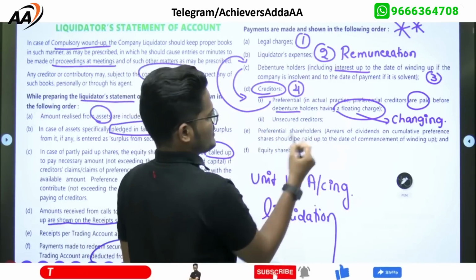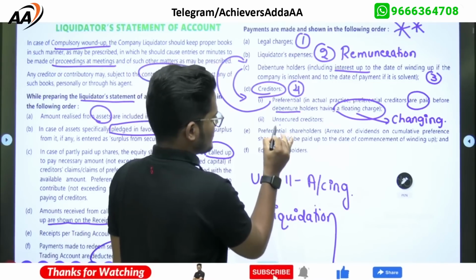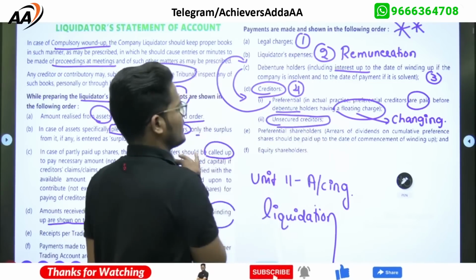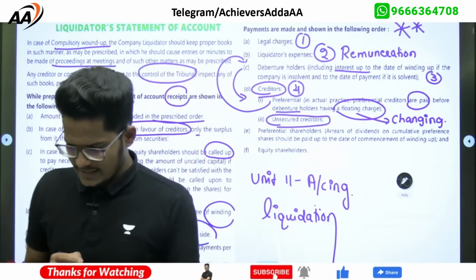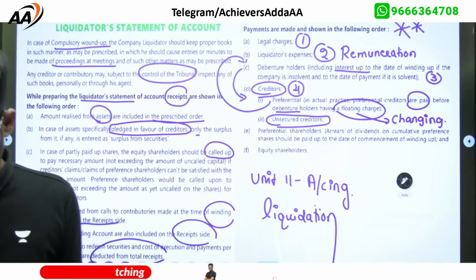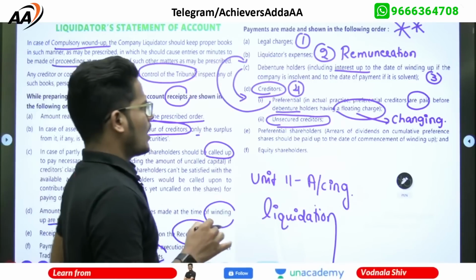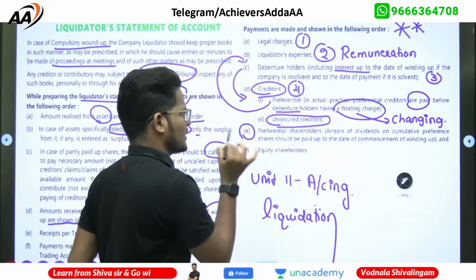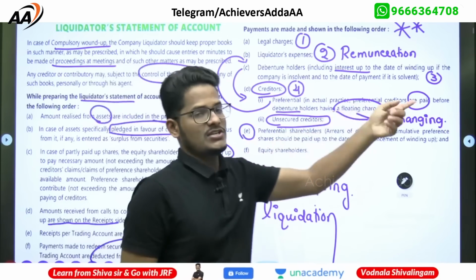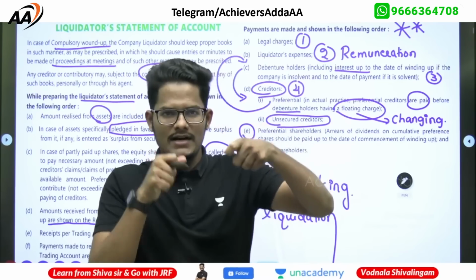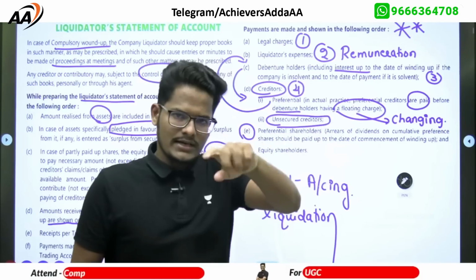After paying the preferential creditors, unsecured creditors are next in order. This is about preferential creditors, meaning important creditors. After that, unsecured creditors.